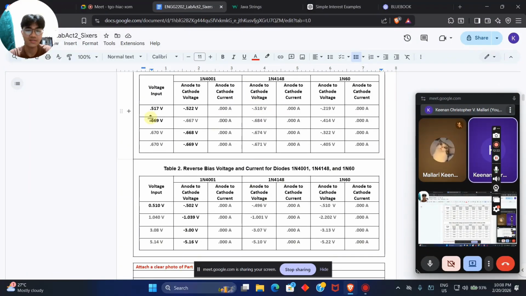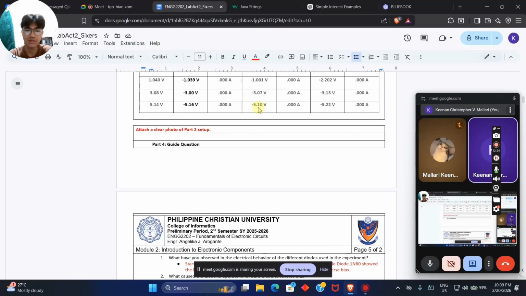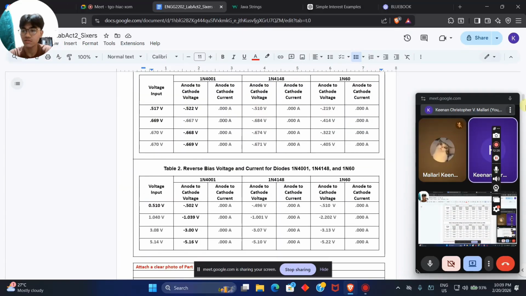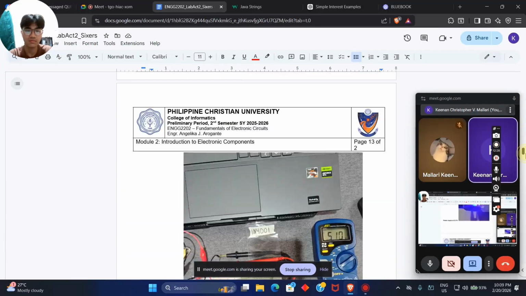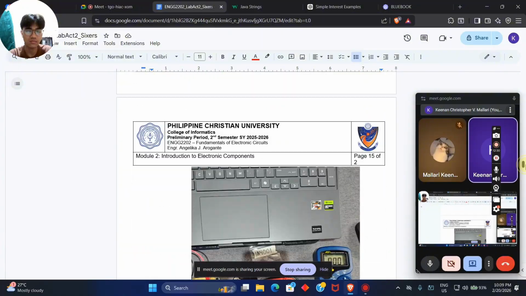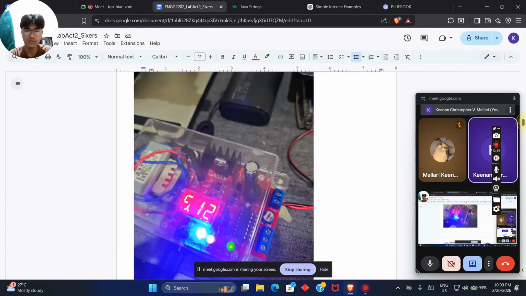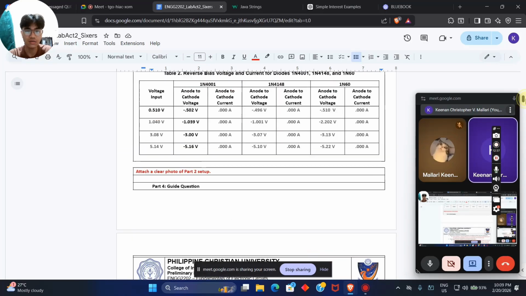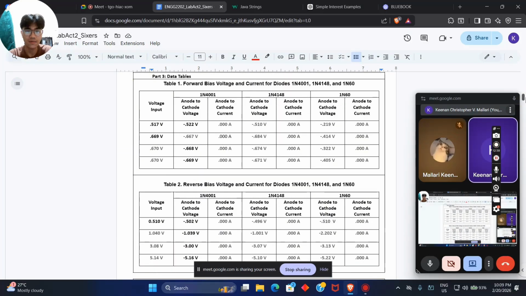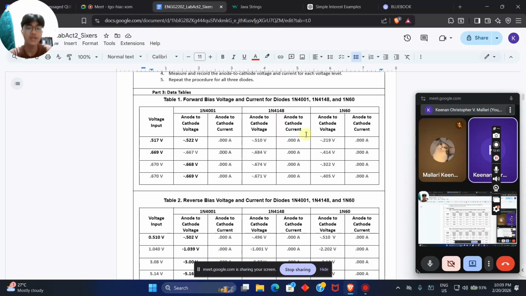Here it is. Wait, what did I check? Voltage reading. Yes, for the voltage reading, it was this case.